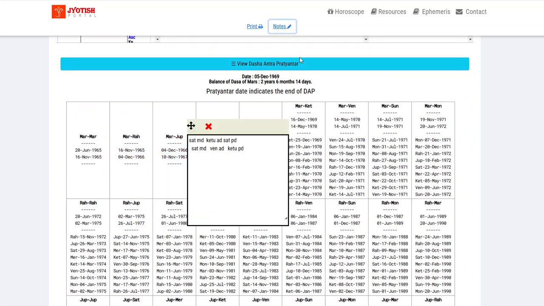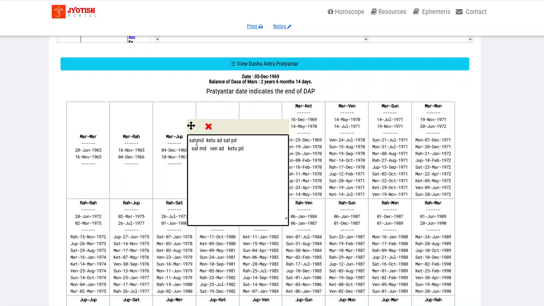And from the previous slide, we noted that the Saturn mahadasha, Ketu antar-dasha, Saturn pratyantar-dasha is when something related to real estate activity might happen. So let's identify it.